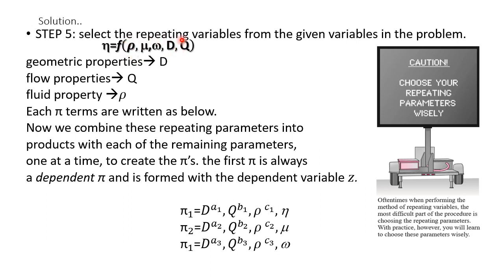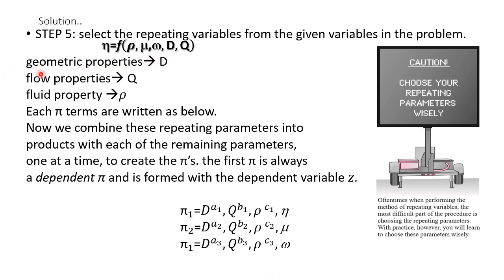One should be from geometric properties, one from flow properties, and one from fluid properties. We have to choose 3 among these 5 in such a way that it satisfies all the conditions. Let's take up geometry properties. Among these 5, which comes under geometry properties? Diameter d. So I have chosen one variable, d. Now I need to choose 2 more.